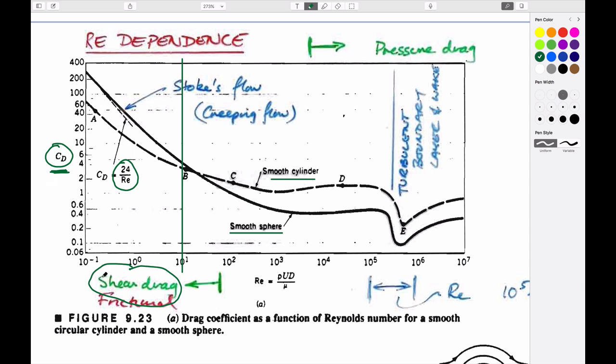Or the alternative would be that we might want to use force balance to calculate the terminal velocity at which you can move. The calculations to do that we'll deal with next time, but we have to do a slightly different calculation if we're in this viscous regime versus if we're in this pressure-dominated regime, and they come out differently. And so we'll deal with that next time.